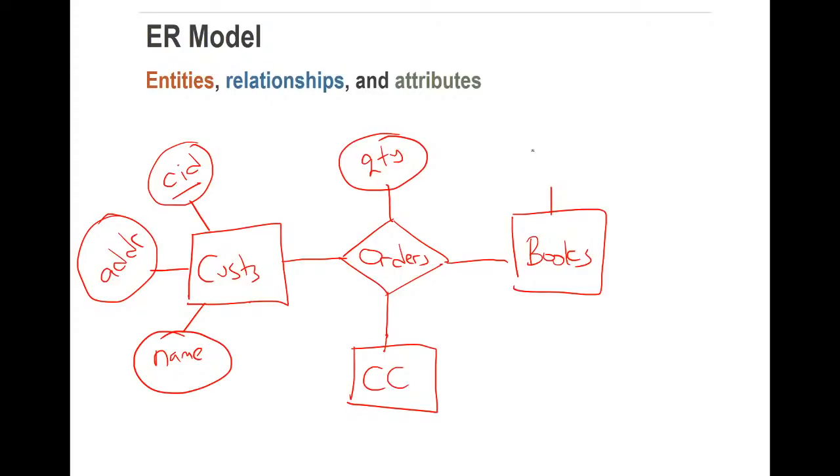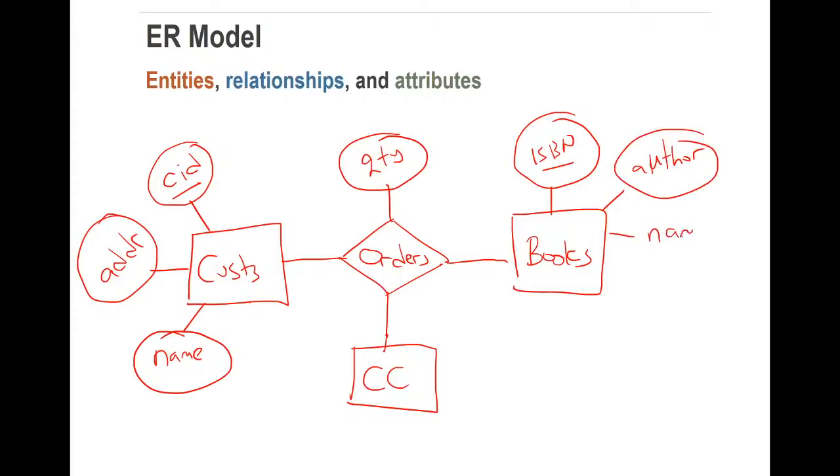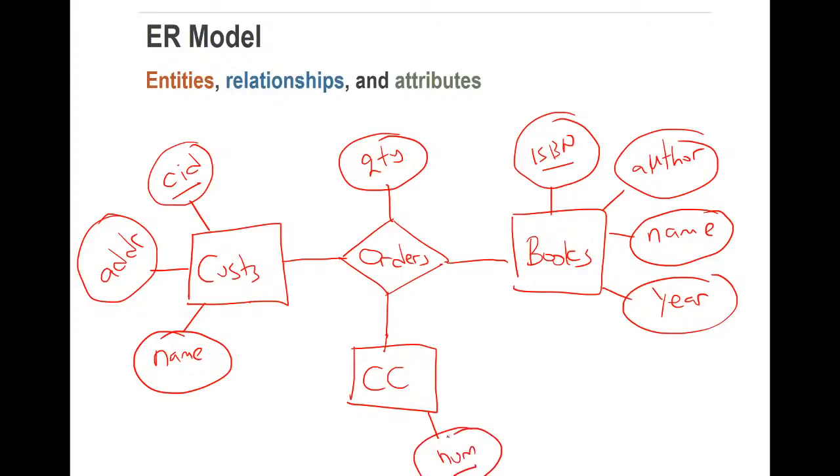For the book, there's ISBN, there's author, name, year, and so on. A credit card, the attribute wasn't described, so you can make it an attribute of the order, or you can just say the number is your identity.